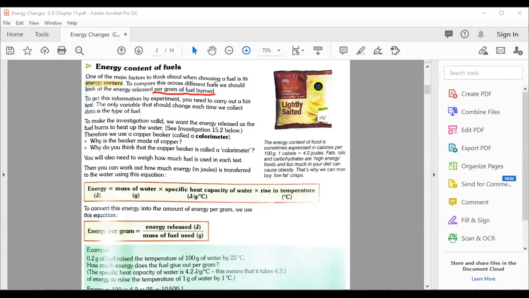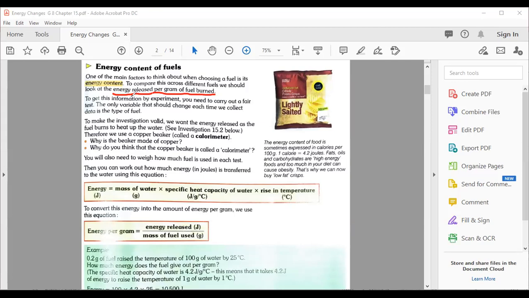What it means is, when you burn 1 gram of fuel, how much energy is released? It's very easy. You will take 1 gram of fuel, then you start to burn it, and after that burning, you will find out or calculate the amount of energy released.